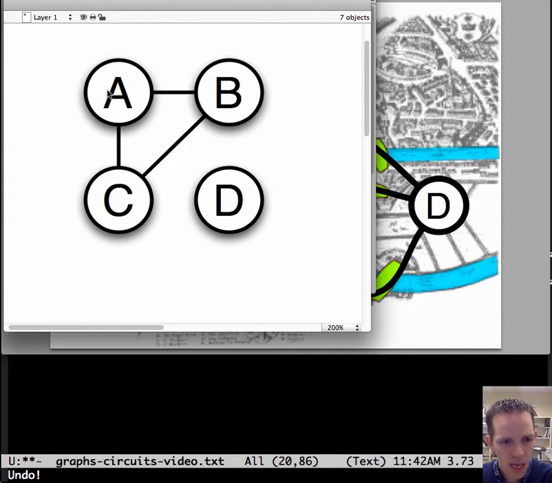Could we put an edge from A to D? No, that won't allow us to get there. From B to D, well, same thing, it's symmetrical. There is not a way to add in just one edge here to get to D to be able to complete it with an Euler circuit.